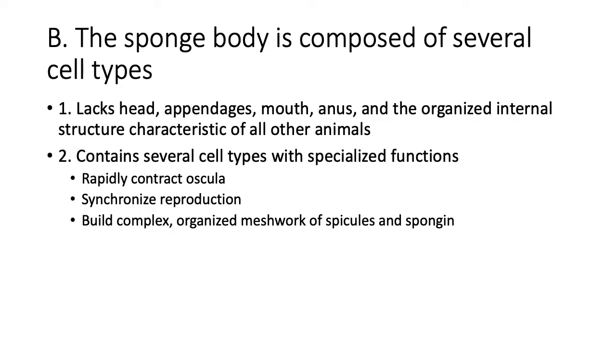Cells that help synchronize reproduction, so there's some type of cell communication going on. They have cells that make up their structure, spicules or spongin, so they can build complex organized meshworks. So it seems to be more than just a mass of cells embedded into some type of gelatinous matrix. It's way more than that.